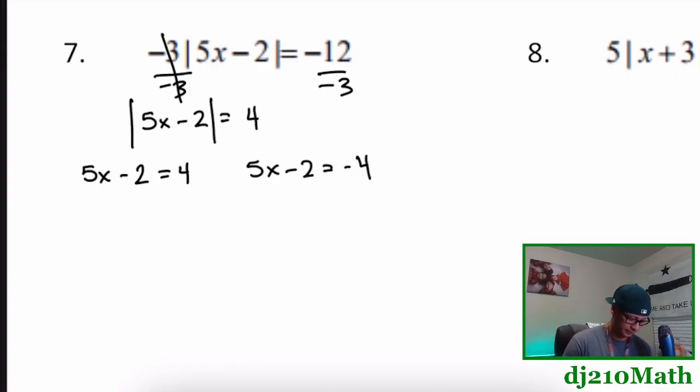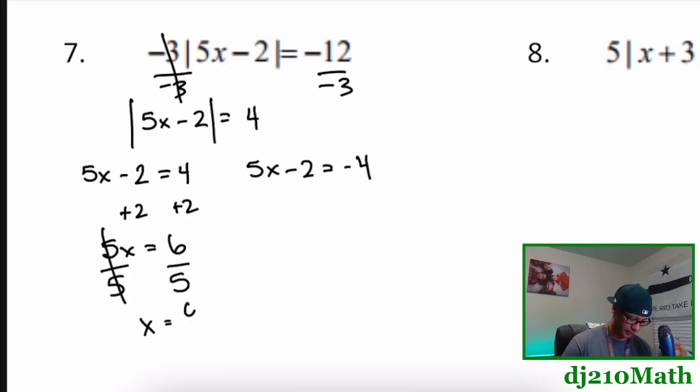On the left, we're adding 2 to both sides. So 5x is equal to 6. Dividing both sides by 5, x is equal to 6 over 5.